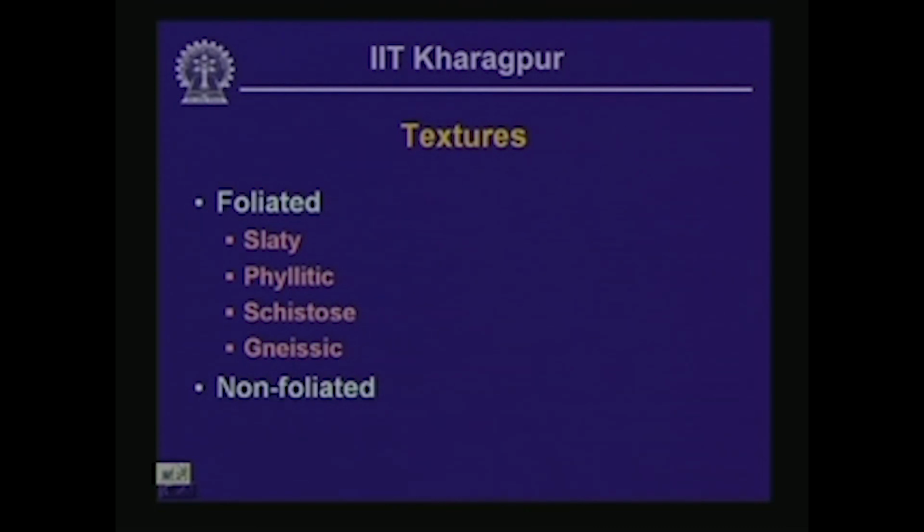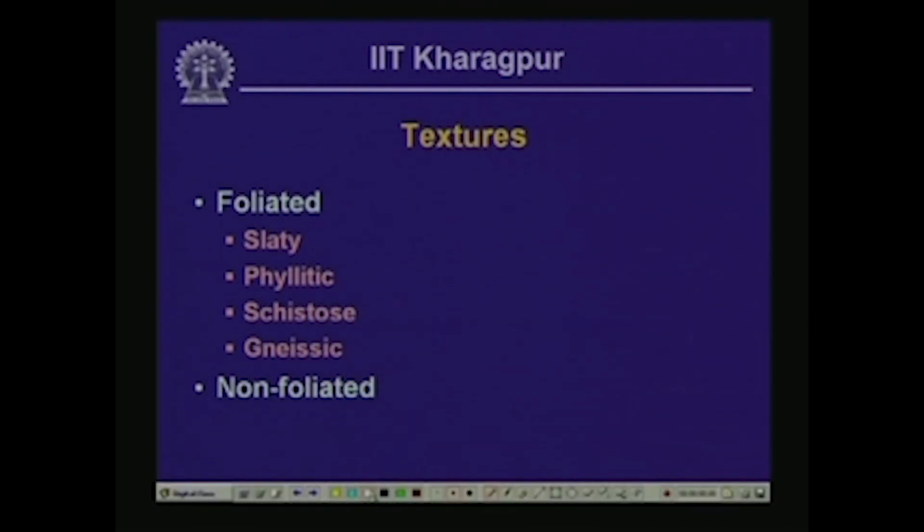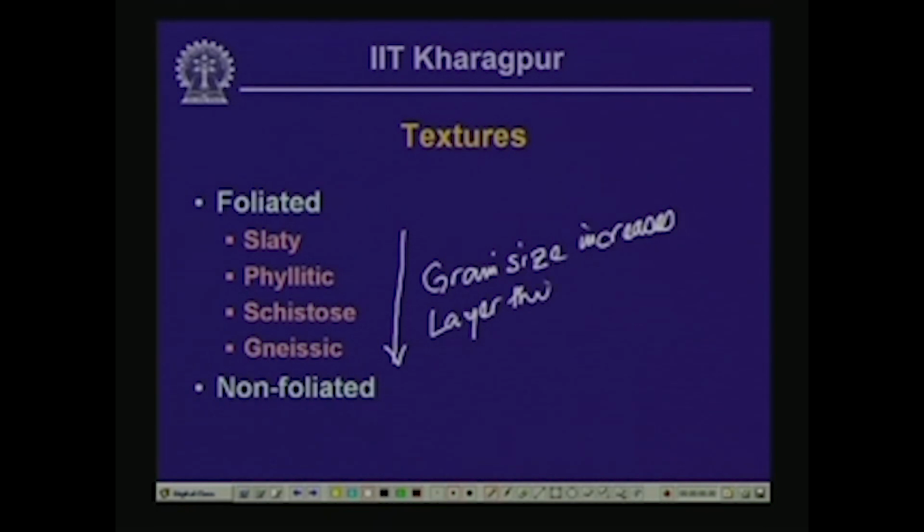So, what happens in this case is the grain size increases, and also the layer thickness or the foliation thickness increases.